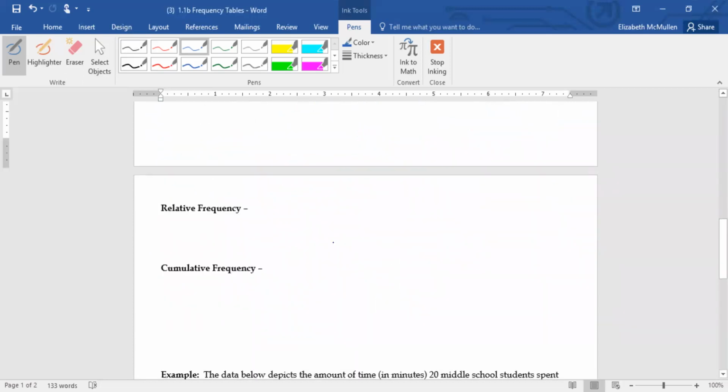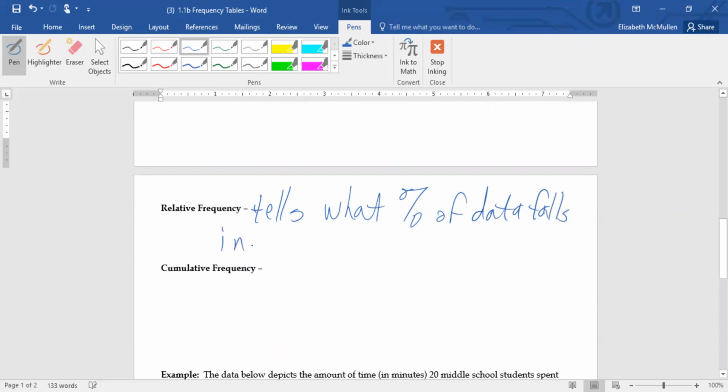All right, relative frequency, which is what we were just figuring, tells what percent of data falls into a class. So what falls into an interval?